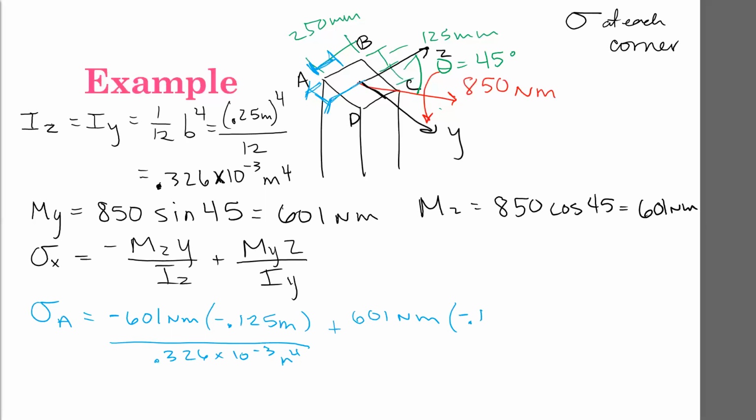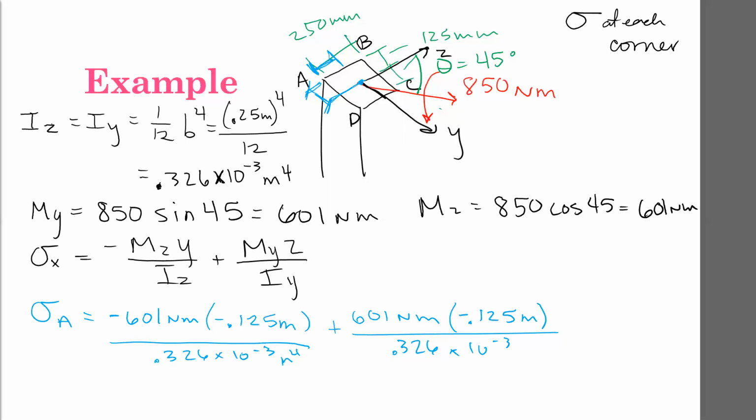Okay. Do you see that now? If the center is here, it's 0.125 meters in the negative direction, and then divided by 0.326 times 10 to the negative third. So note that the moment about the y-axis, all right, let me take it back.